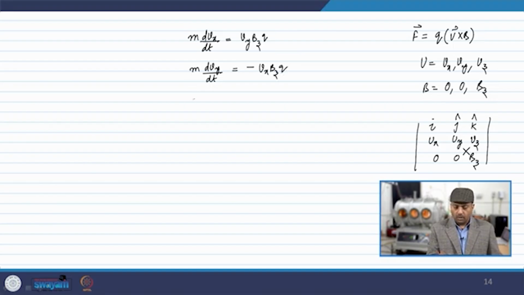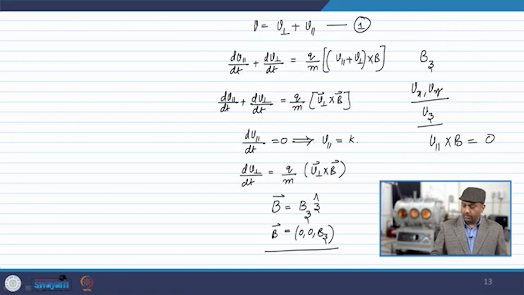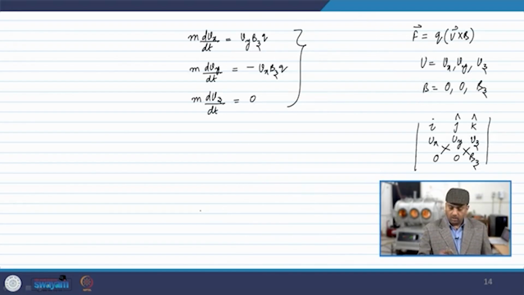And m dvz by dt will simply be 0. Let us call this set of equations 2, 3, 4, and 5.